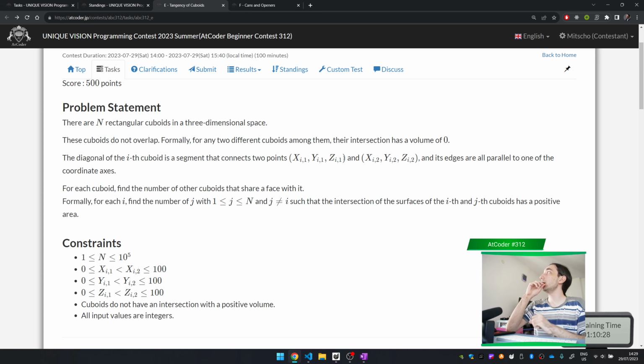Okay, so here the trick is that at most 6 cuboids will touch. So my cuboid can touch on average at most 6.